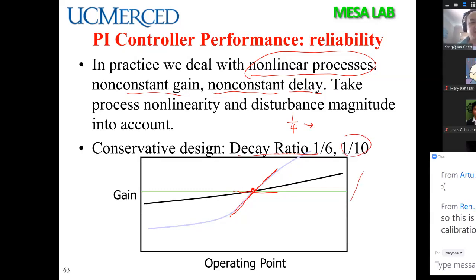So this one will decay, not delay, not decay quicker, more quickly. So that's the rule of thumb to increase the system's reliability.